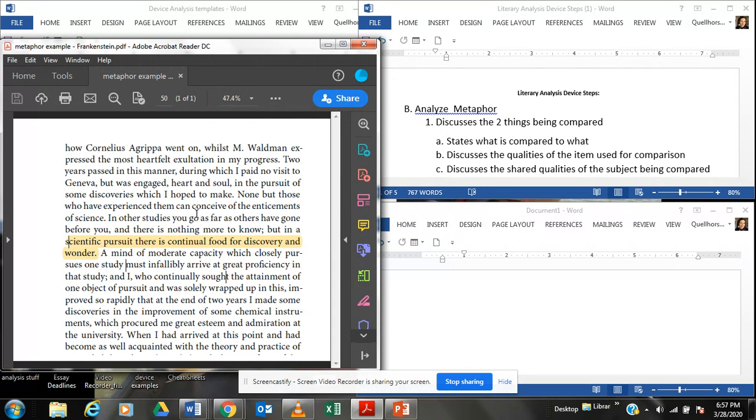Let's see. This is where if I go back and look at some of the context, he is excited about learning science. And he says that in other studies, you can only go as far as others have gone, and then there's nothing else. But in science, there's continual food for discovery and wonder. And I know that's a metaphor. Okay, what's being compared?